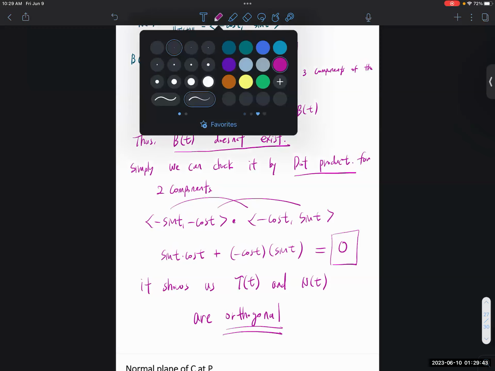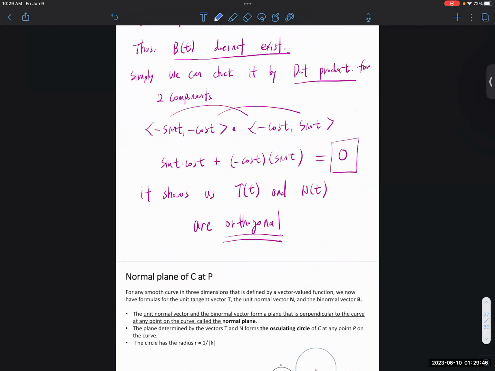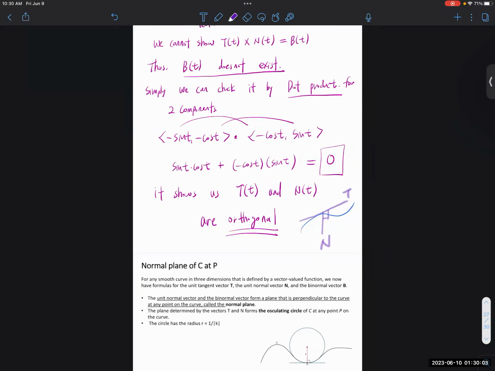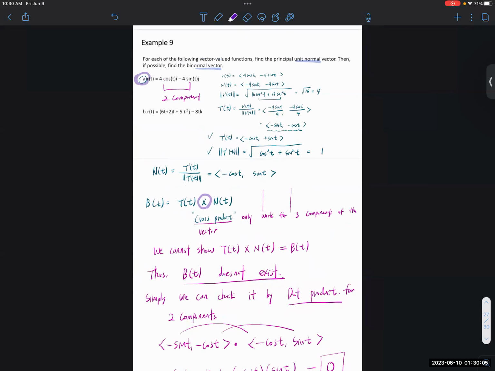So you have a tangent vector and a normal vector, and they're still orthogonal, but there's no binormal vector in this question. Okay, so you can think about this letter A. Now letter B, you can try yourself. There are 3 components, so the binormal vector will exist. All right, almost done. Hang in there. I got you.